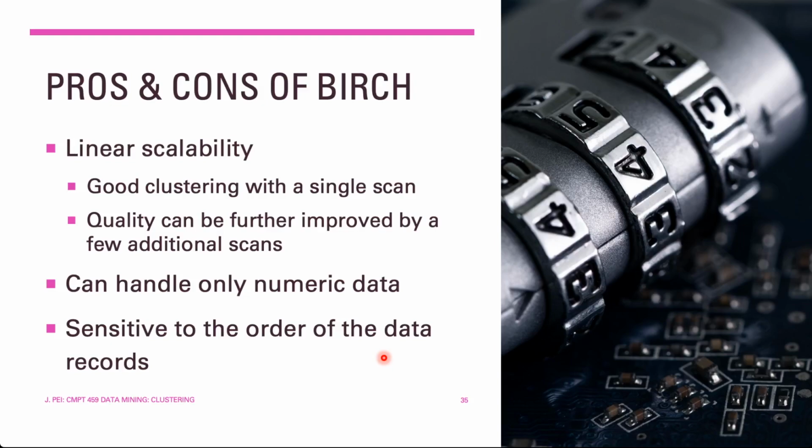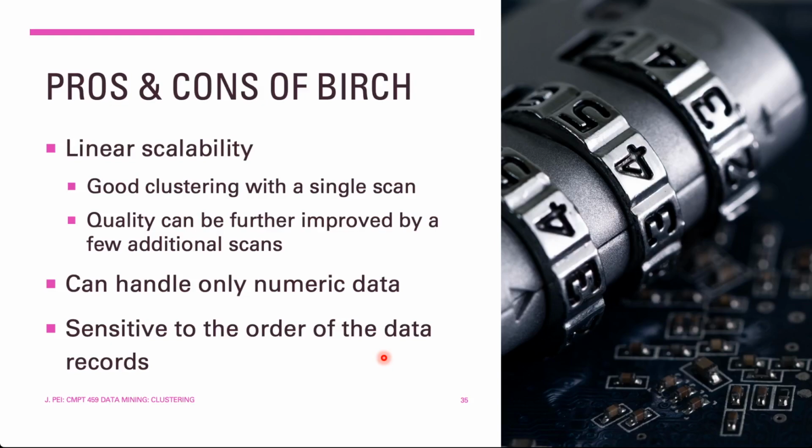BIRCH has some very nice advantages. First, BIRCH is linear with respect to the dataset size. Because BIRCH only scans the dataset once to construct such a tree and summarize the dataset, it has very nice clustering performance.